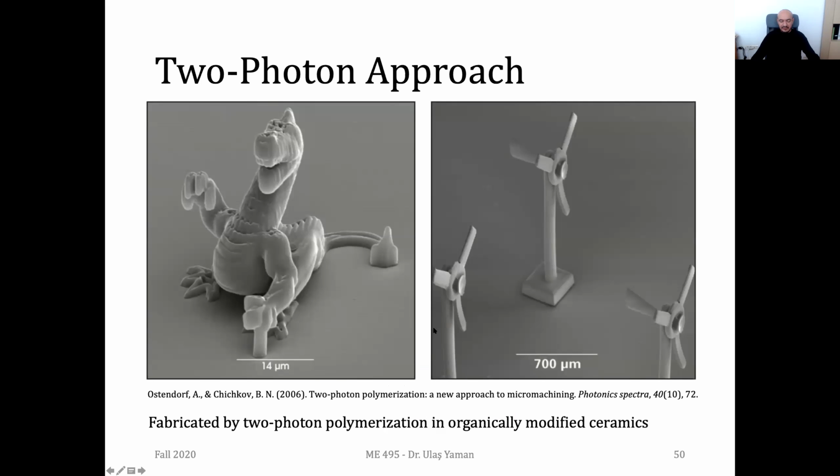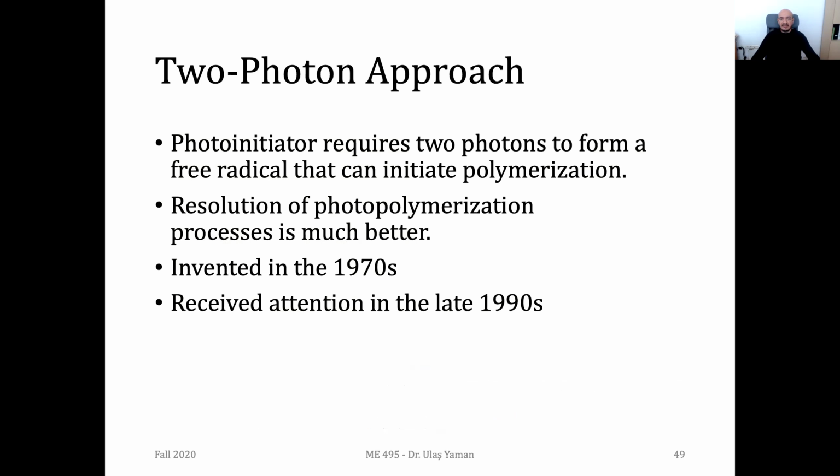These are some typical products having sizes of some micrometers. But the thing is that we don't have a commercial product actually utilizing this two-photon approach. This was invented around the 1970s. People are still doing some research on it, but it was very highly popular in the 1990s. And since it's not commercialized, we don't see any kind of machine using it.